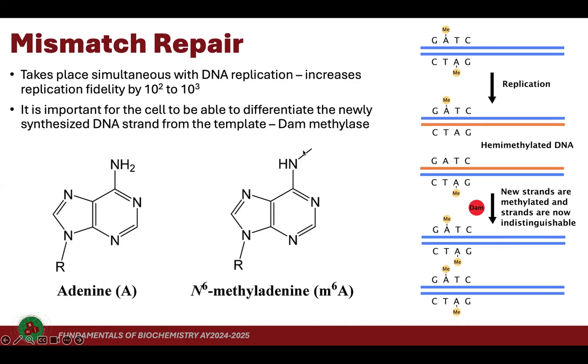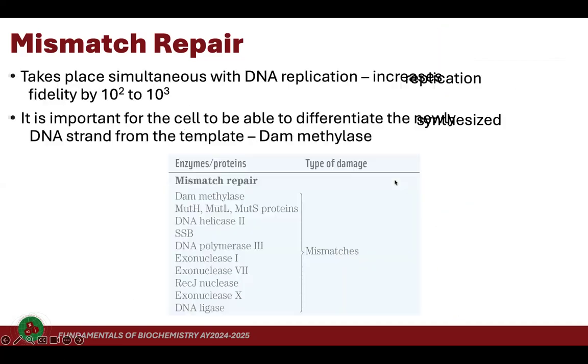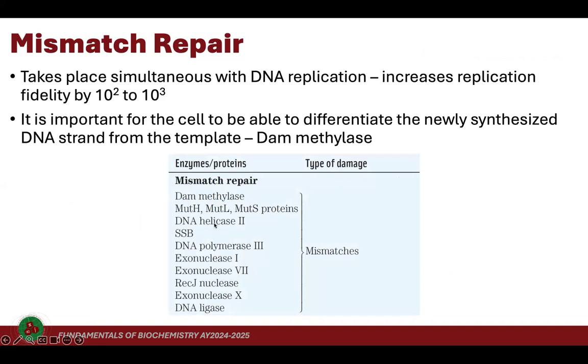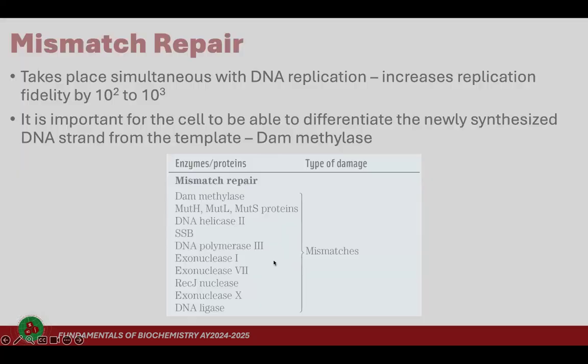The methylation takes place at the amino group at the carbon 6 position. So how does mismatch repair take place? Again, it needs some proteins such as MutH, MutL, MutS, and also some nucleases. Let's watch a video first on mismatch repair before going into the details.